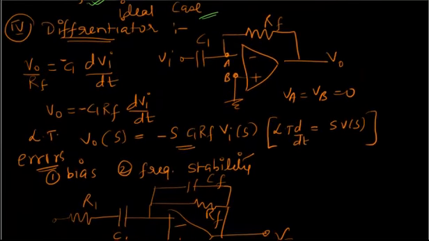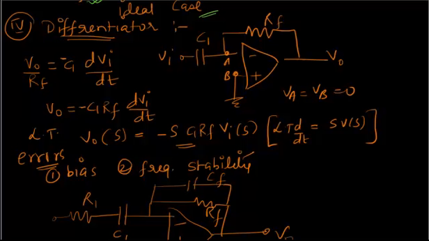Now let's come to the differentiator. In a differentiator circuit, this is nothing but the reverse of an integrator circuit. C comes here, R comes there. So the equation will be the same. This is the minus, because here you are subtracting 0 from Vi. So this is a minus C1.